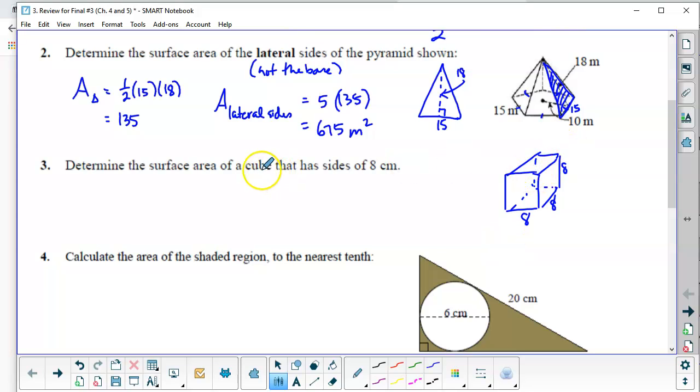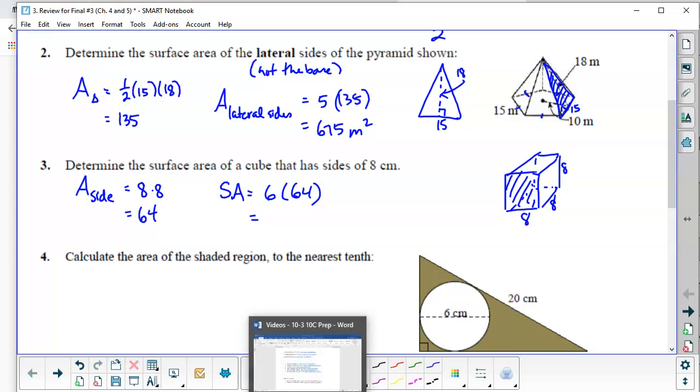So if we think about surface area, we want to find the area of one of the sides, and in a cube, there's 6 of them. So the area of one side, so not plural, is 8 times 8, which is 64.